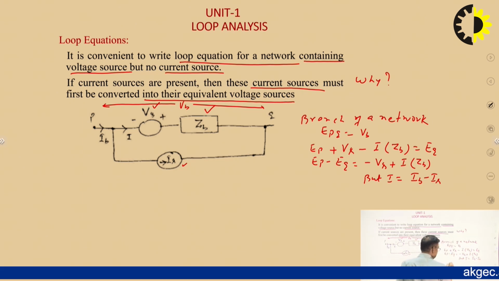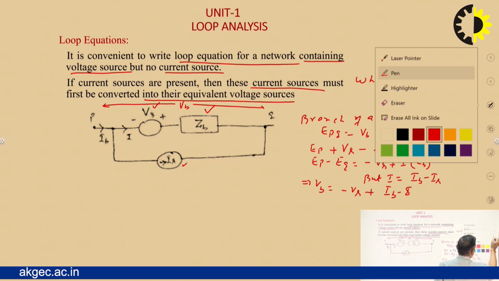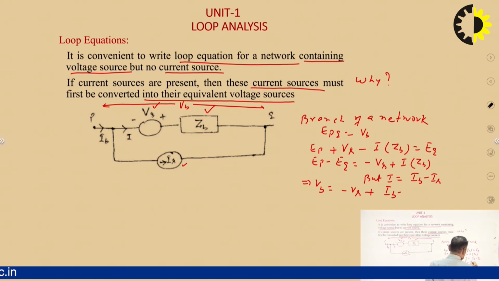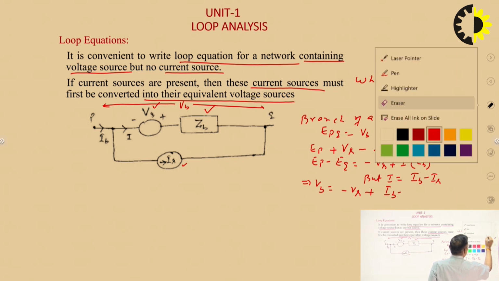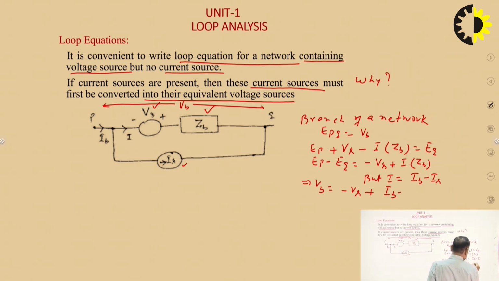So VB is equal to minus Vs plus (IB minus IS) into ZB. So this much we can write.